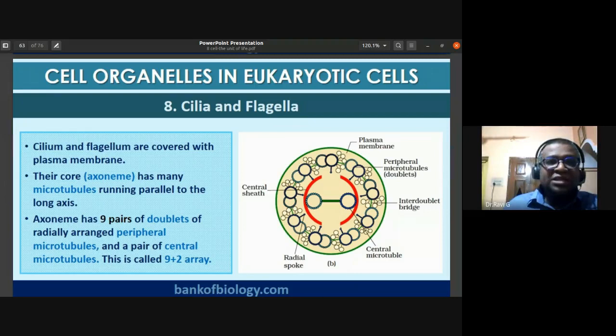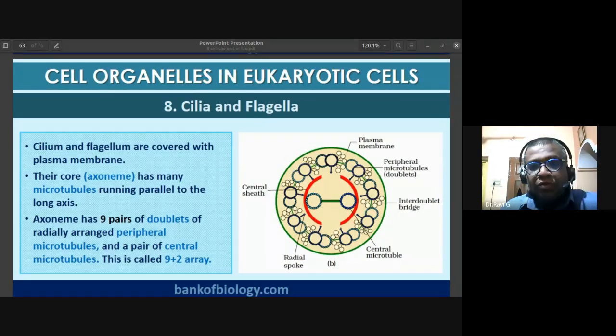Inside this core, the axoneme has 9 pairs of doublets. You can count them. They are the peripheral microtubules.